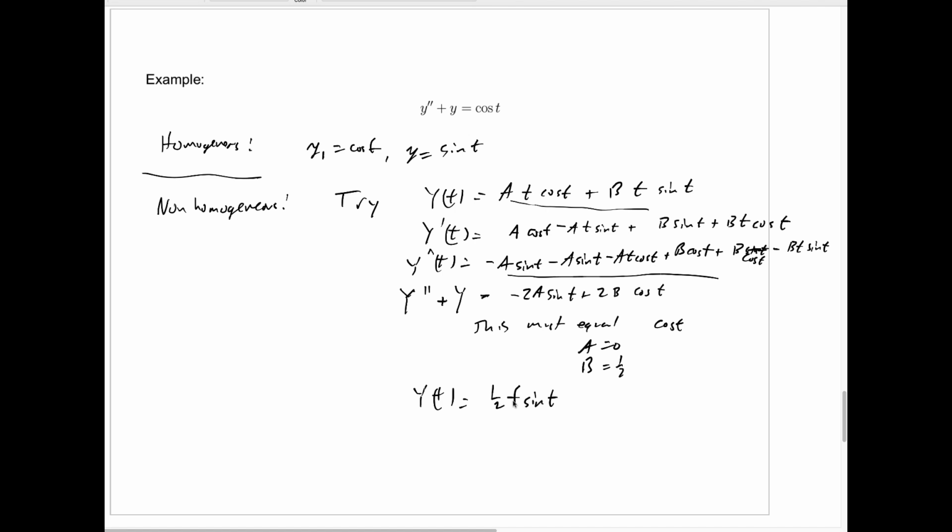And our general solution, and you should again check all of these, is y equals c1 cosine t plus c2 sine t plus 1/2 t sine t.